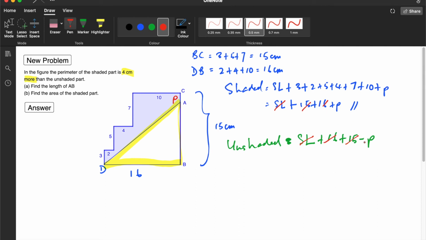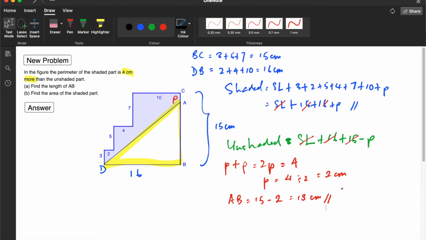We are left with P and minus P. The difference between P and minus P is P plus P, or 2P. That is equal to 4 centimeters. So P is equal to 4 divided by 2, that is 2 centimeters. Now we know how to find AB. AB is 15 minus P, which is 2 centimeters, so it is 13 centimeters.